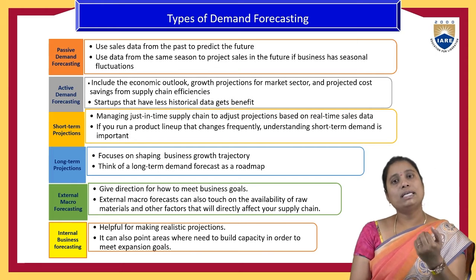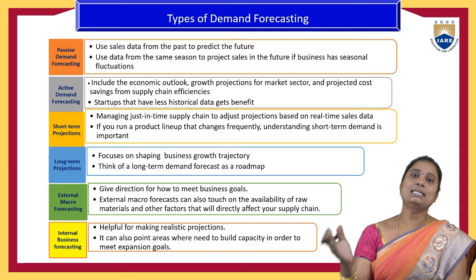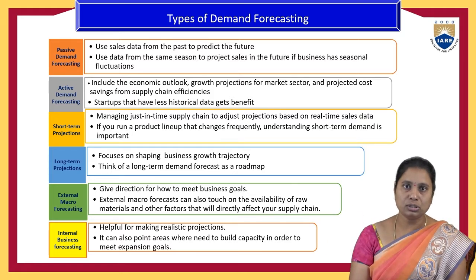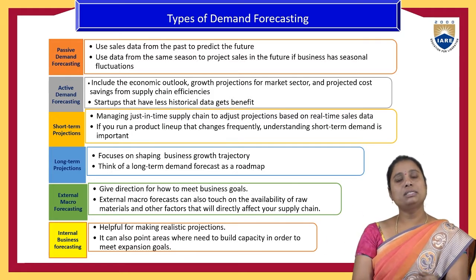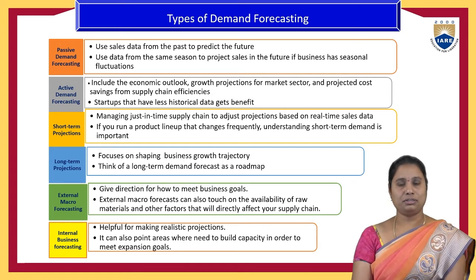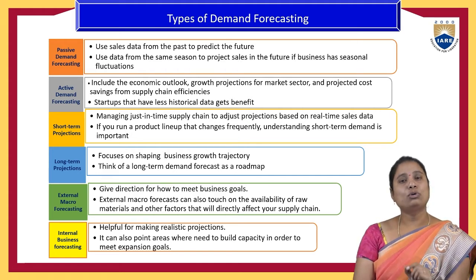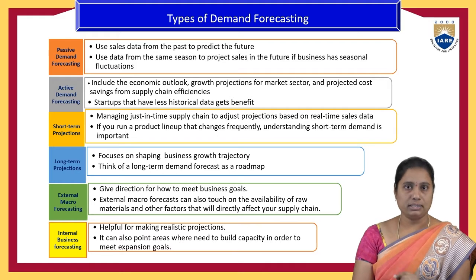As well, they can consider the external macro elemental factors, or the business internal micro elemental factors into consideration. So in any of these ways, they can do the demand forecasting. So that is the types of demand forecasting.